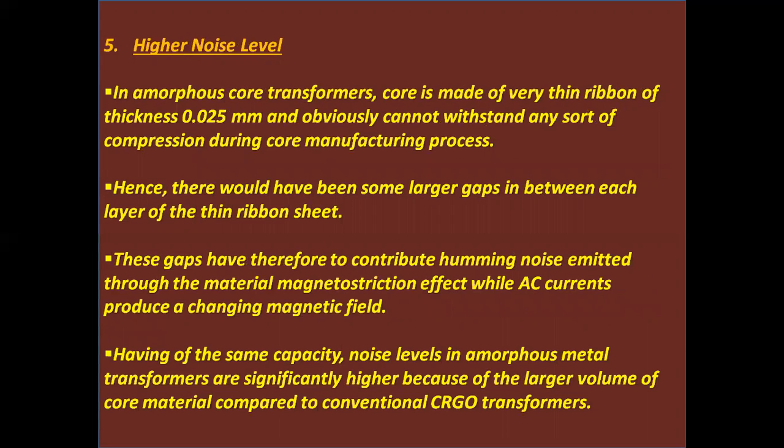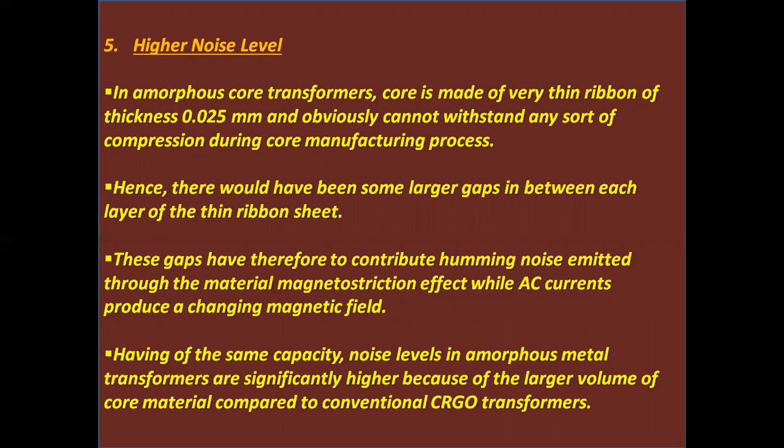Higher noise level. In amorphous core transformers, the core is made of very thin ribbon of thickness 0.025 millimeter and obviously cannot withstand any sort of compression during the core manufacturing process. Hence, there would be some larger gaps between each layer of the thin ribbon sheet.